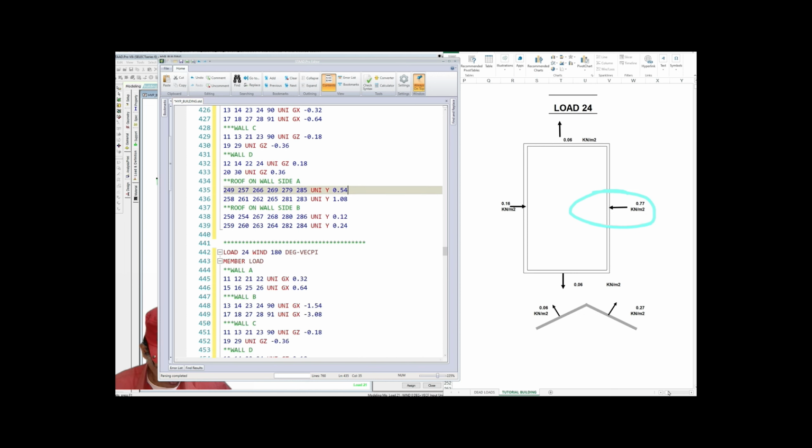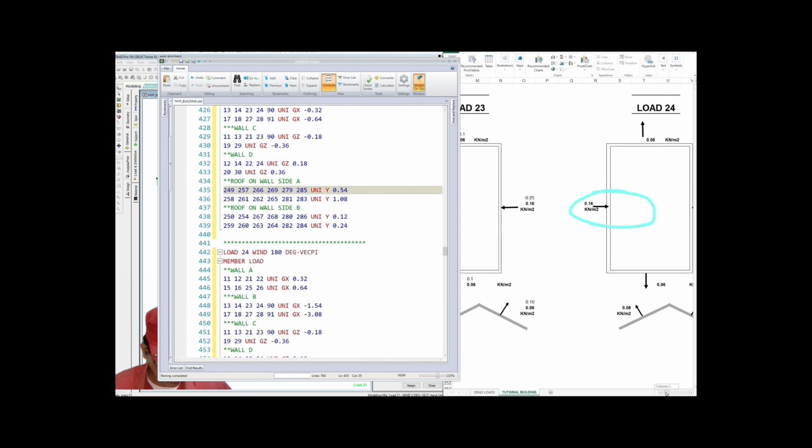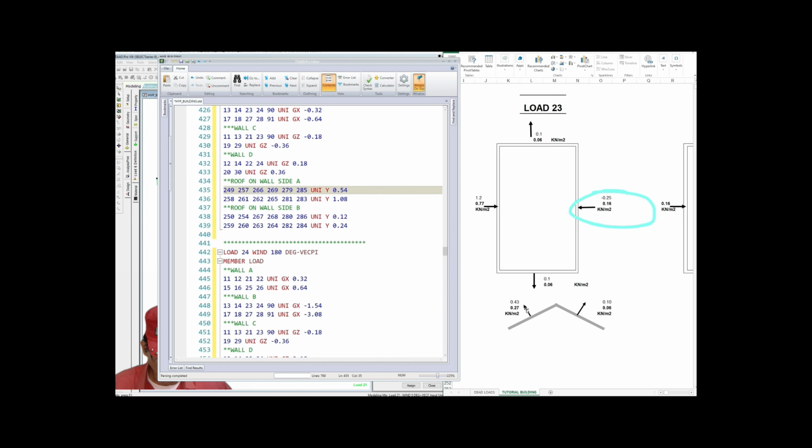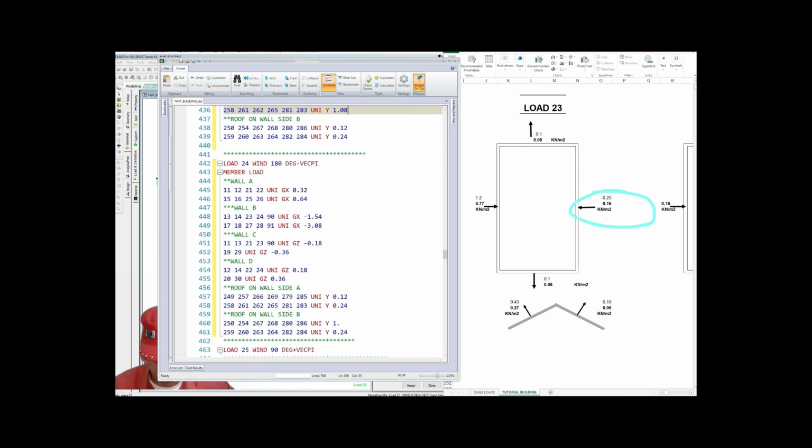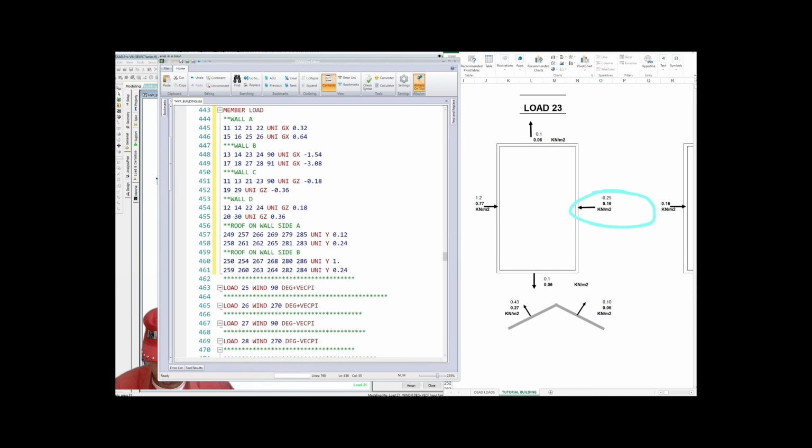So load case 23 is something like this. 0.27, and then 0.27 into 4 is equal to 1.08. 1.08 is okay.